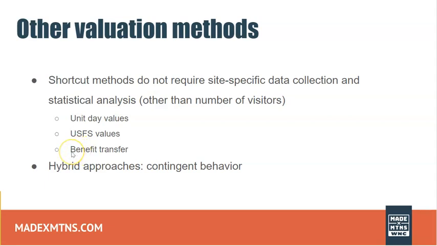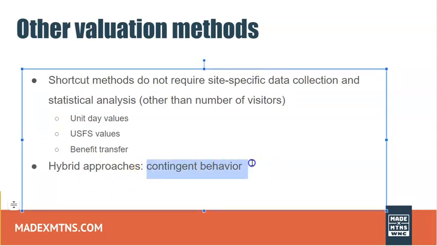Okay, and in the topic of benefit transfer, we'll talk about benefit function transfer and meta-analysis. Okay, and then we'll talk about what the book calls hybrid approaches, where you combine the approaches of the travel cost method and the contingent valuation method, and these can also be called contingent behavior approaches.